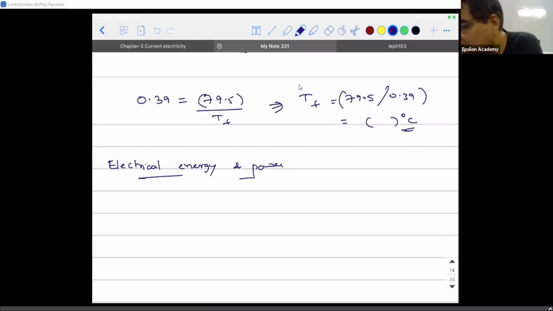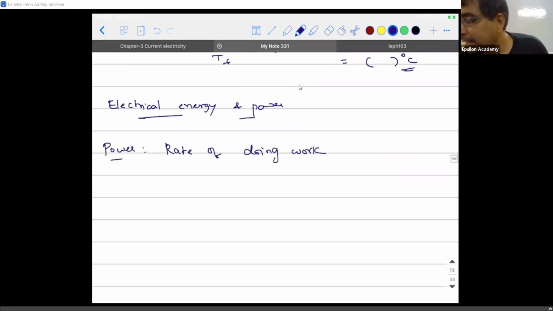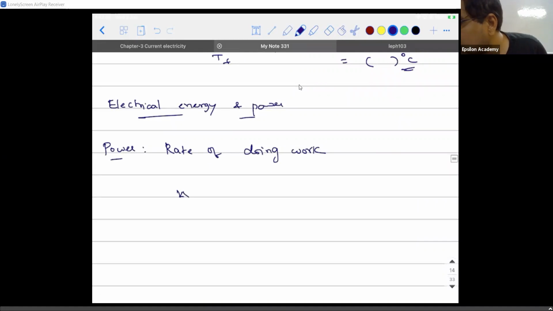Listen. How do you define power? Basically, you would have learned about mechanical power. It is defined as the rate of doing work, or the amount of work done per unit time. Can I write it like this?